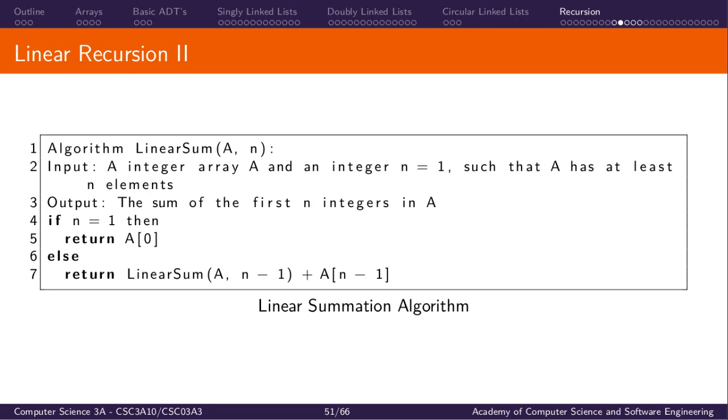Or the first n minus 1 integers, not the n integers. Eventually, those calls will have an argument of n being equal to 2, and so n minus 1, which is 1, is called, and that'll enter our base case. Then whatever is returned, we add to that the n minus 1th element, which is A n minus 1, right? Or the nth element, which is that.